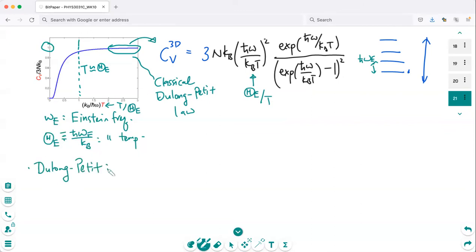Dulong and Petit found that for simple elements at high temperature, and for students of this class, you can answer what is the meaning of high temperature.